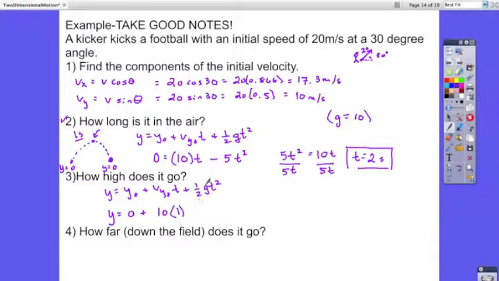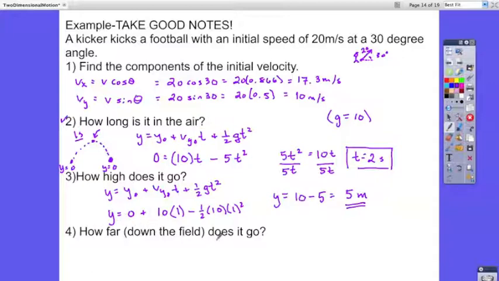This is going to be negative because up is positive and g is down. So minus 1/2 times g times 1 squared. So y equals 0 plus 10 minus 1/2 of 10 is 5, and 1 squared is 1, so 10 minus 5 equals 5 meters. Pretty simple. I know this equation looks long. It has a lot of parts, but it's really quite easy to use.